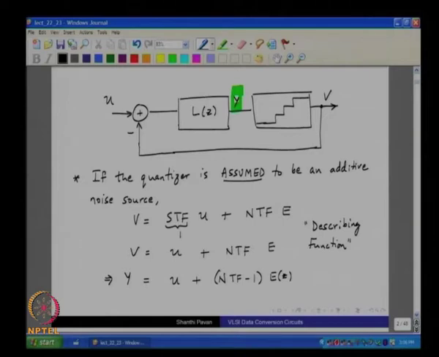So we will not get into the nitty gritty of finding the describing function analytically and using it to find stability criteria and all this stuff.